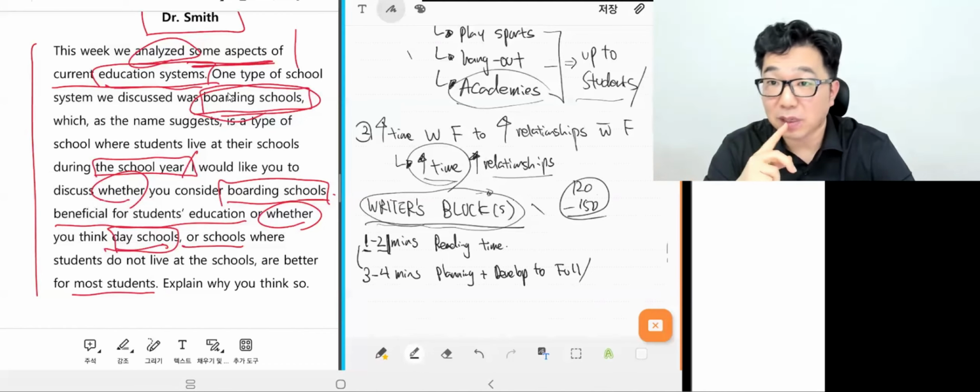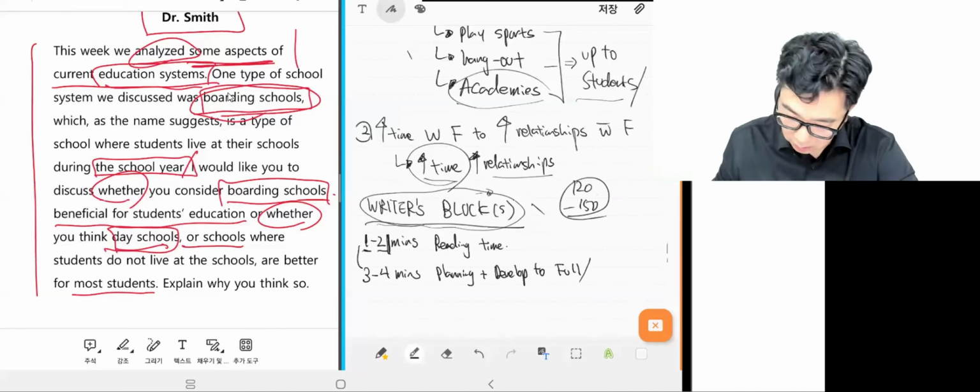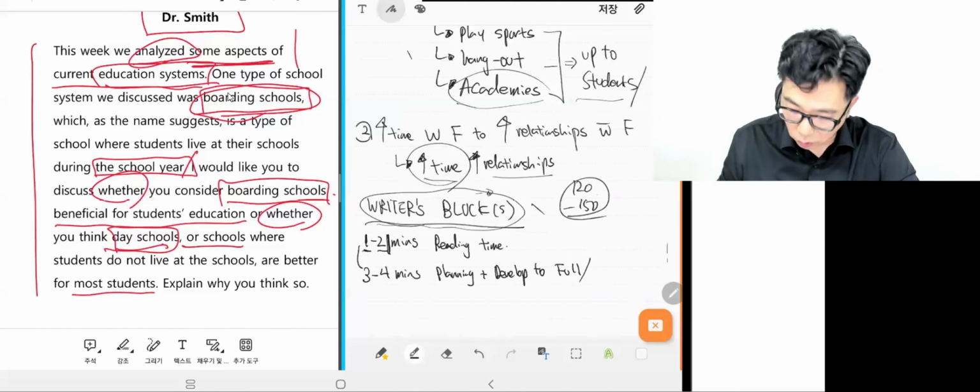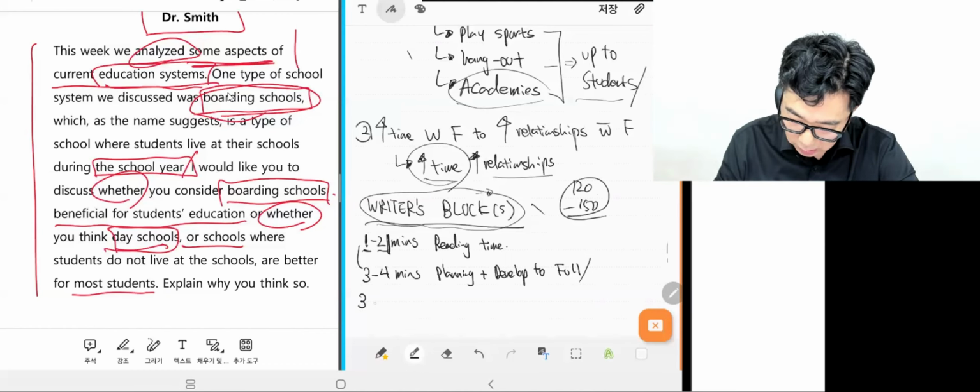It's your typing speed. So you need to practice typing. Okay? All right? So we use 4 to 6 minutes. All right? So we should be able to write in 3 to 4 minutes. Let's say 4 minutes. Okay?